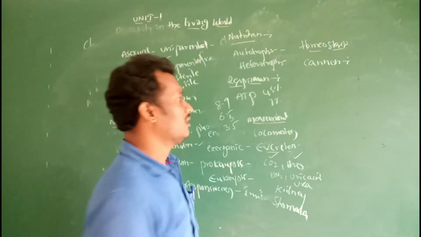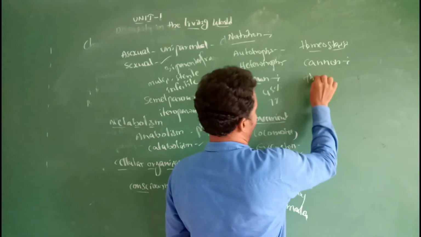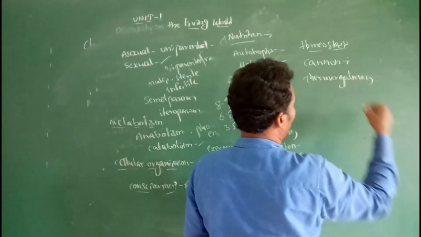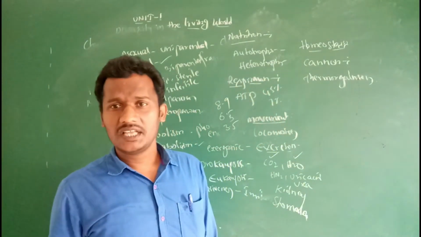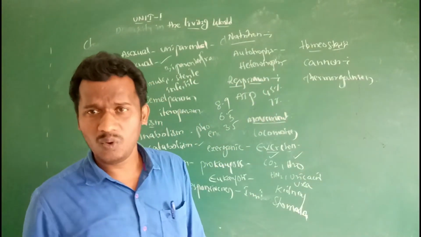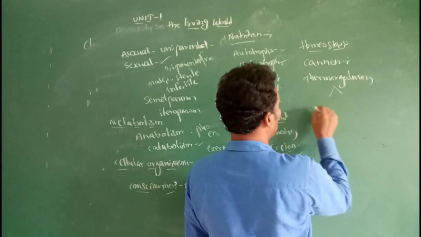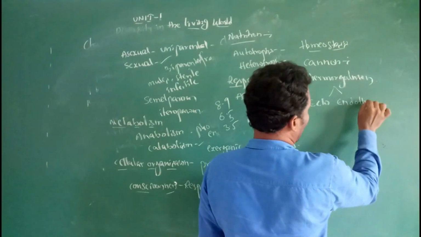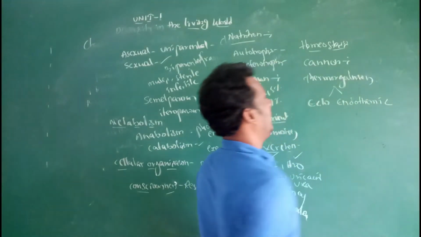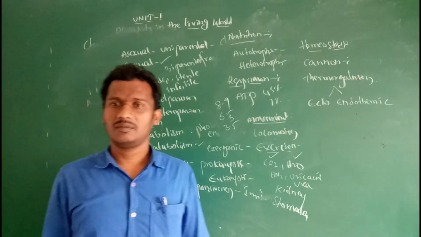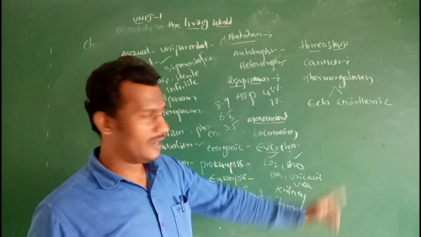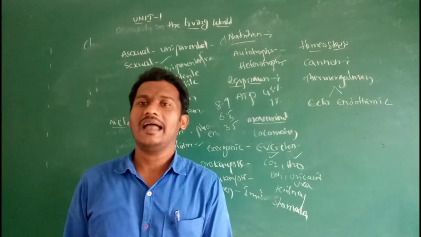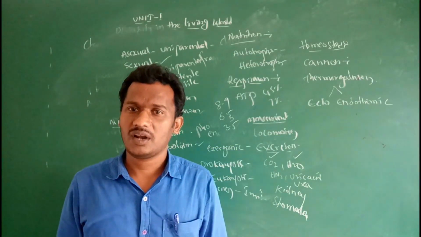So for example, thermoregulation. Thermoregulation means temperature maintenance. Based on thermoregulation, organisms are of two types: ectothermic organisms and endothermic organisms.